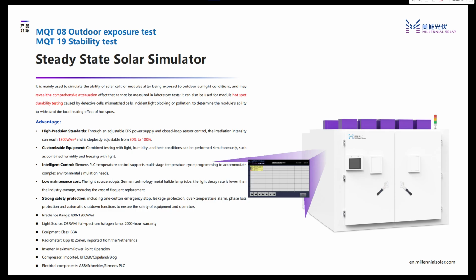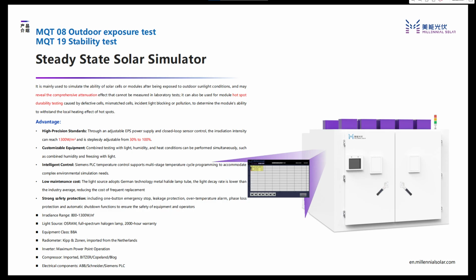This scenario is used to simulate the ability of solar cells or modules after being exposed to outdoor sunlight. Under this condition, it may reveal the comprehensive alteration effects that cannot be measured in a laboratory test.